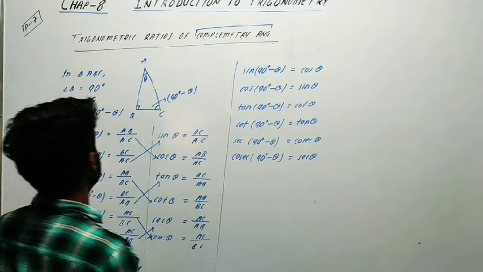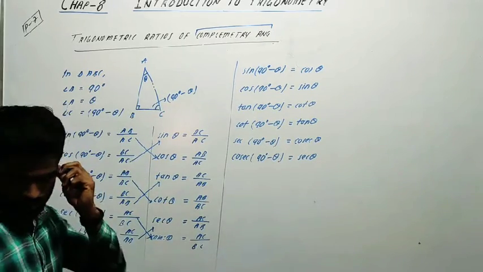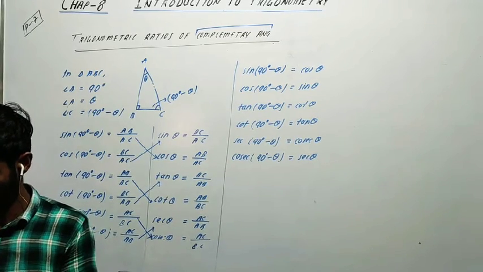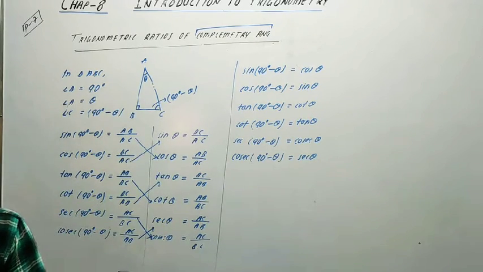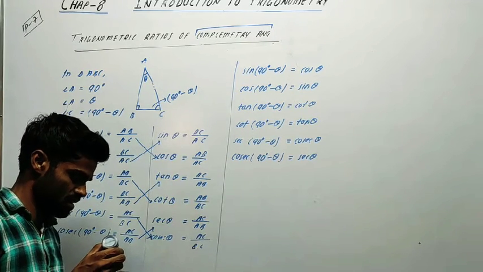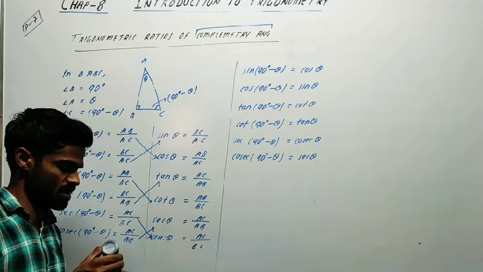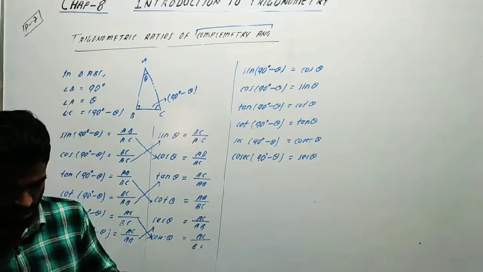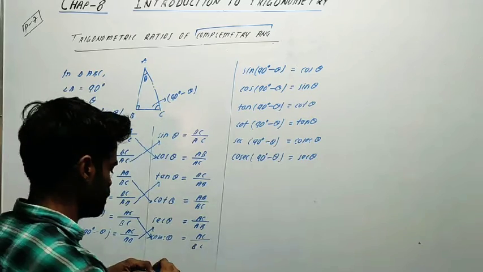Using these formulas, we are going to solve exercise 8.3. We discussed the introduction of trigonometry, trigonometric ratios, and questions 1, 2 and 3 of exercise 8.1 in the first part of the video.